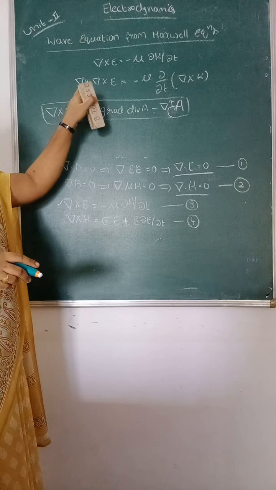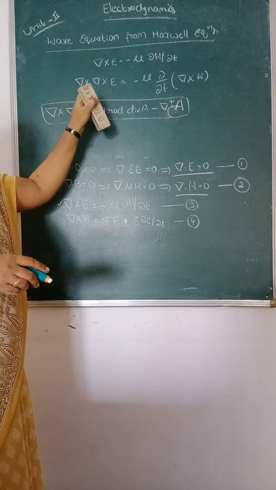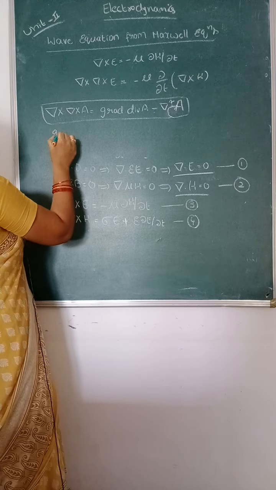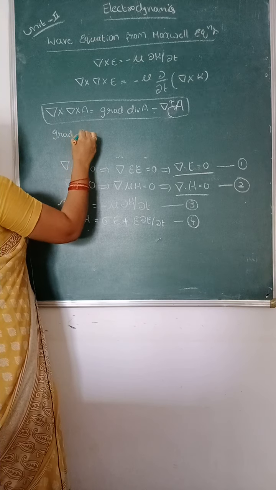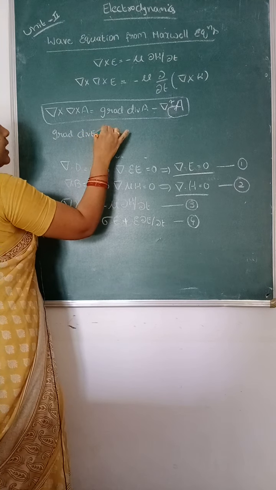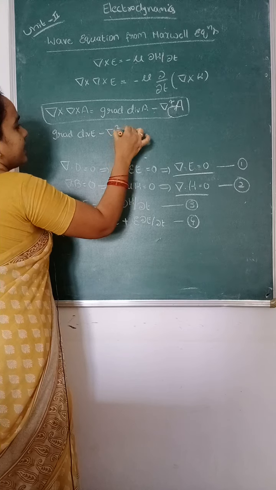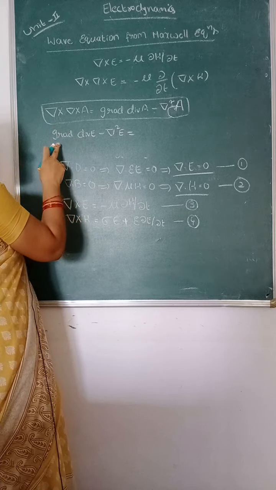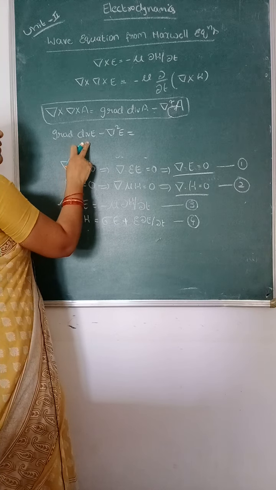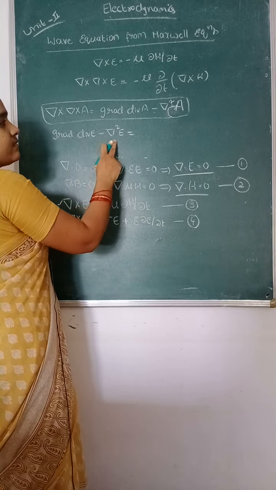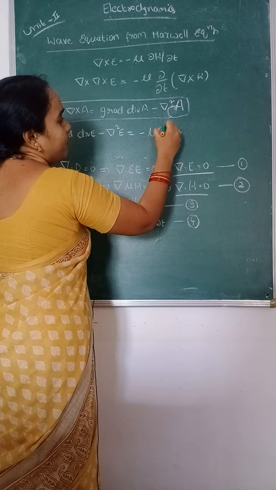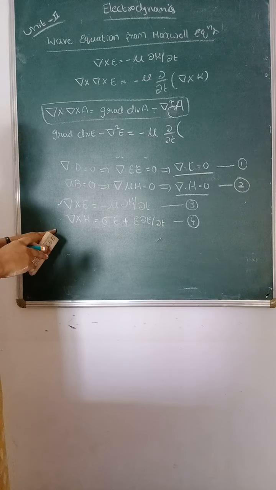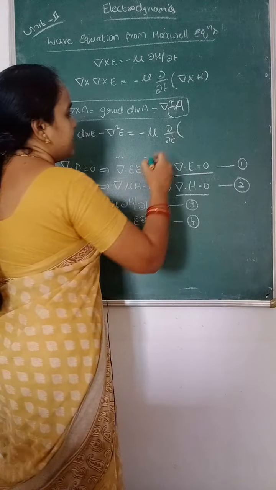So here curl of E, that is del cross E, we can write as gradient of divergence of E minus del square E. On the left hand side, this del cross E is replaced as gradient of divergence of E minus del square E, equal to minus mu dou by dou T of, from the fourth equation, del cross H. What is del cross H?